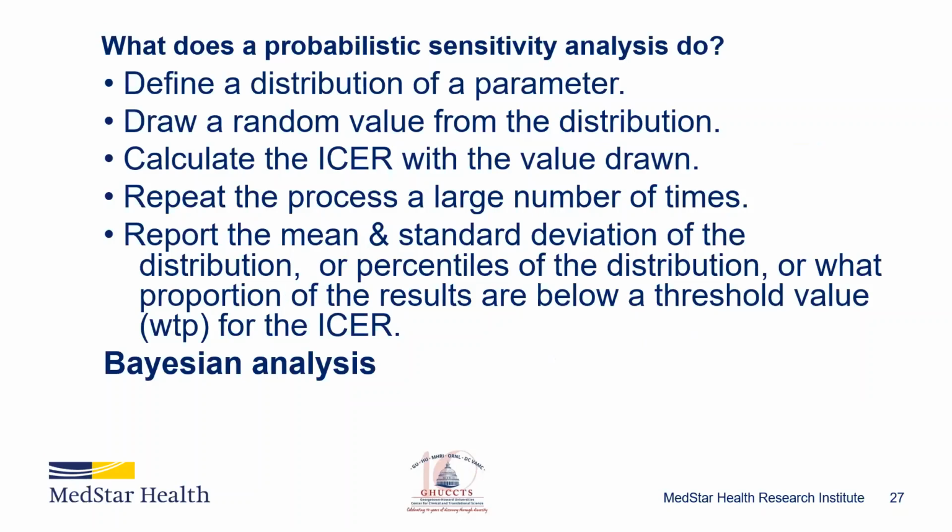So let me talk about the probabilistic sensitivity analysis. As I used this example earlier when we talked about Bayesian analysis, basically what we do is draw a random value from the distribution that we proposed for our cost or our utility or whatever else we might be wanting to cost.